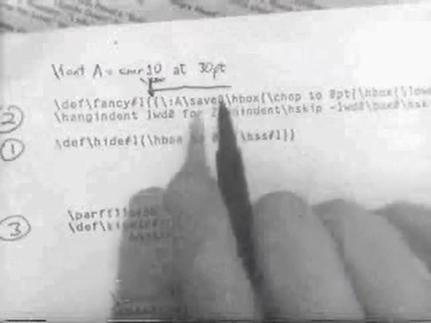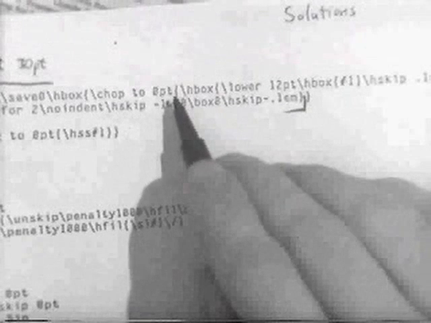Then, okay, save in box, save now a box, H box, and what did I put in that box? Well, I want something that's chopped, has no depth. The reason is if I take this big letter and it's sticking out below the line, then TeX is going to say, oh, this is a line that has a lot of depth, and it's going to leave extra space, and the second line is going to be moved way down.